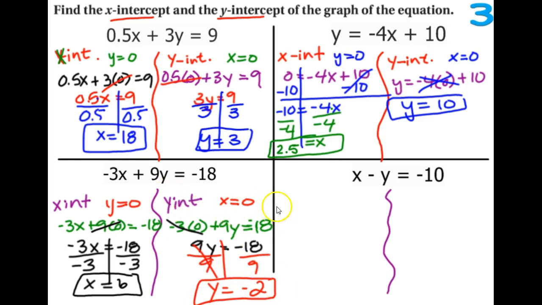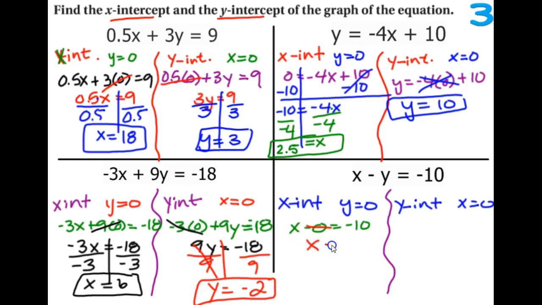Now this last one looks really easy, finding our x-intercept and our y-intercept. But we need to be careful. First, when we plug in y is 0, we have x minus 0 equals negative 10. Well, this one, x minus nothing, is still just x. So we have x equals negative 10.